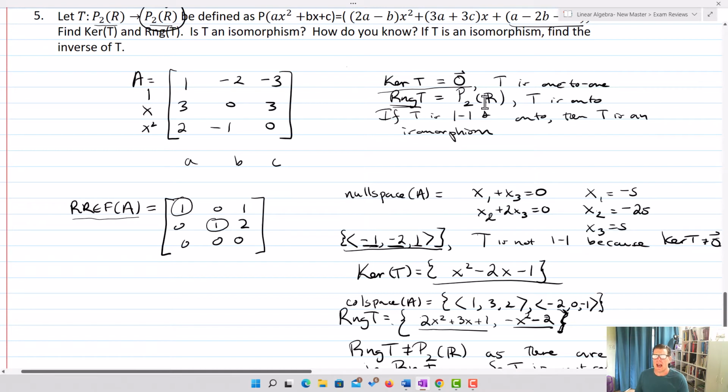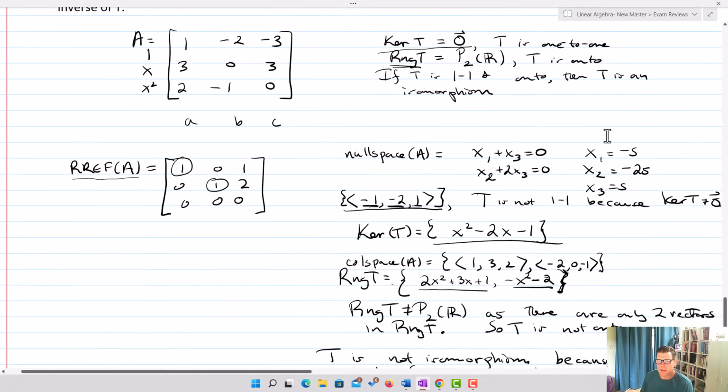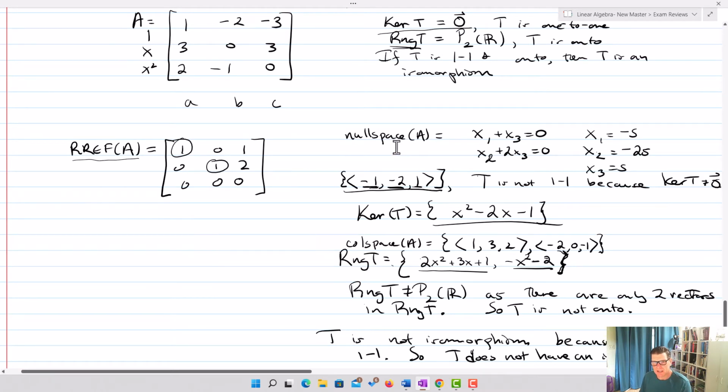The range of T has to equal P2R, or W, the codomain, in order for T to be onto. And T has to be 1 to 1 and onto for T to be an isomorphism. So the null space of A, once we find that, we can translate it back into polynomials, and that's the kernel of T. And we can do the same thing once we find the column space of A.